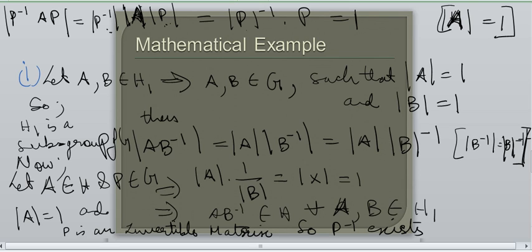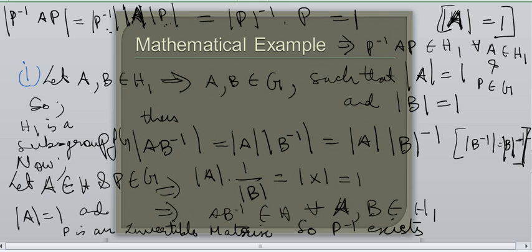So what happens over here, students? That implies that P inverse A P belongs to H1, for all A belonging to H1 and P belonging to G. Why have I taken P?